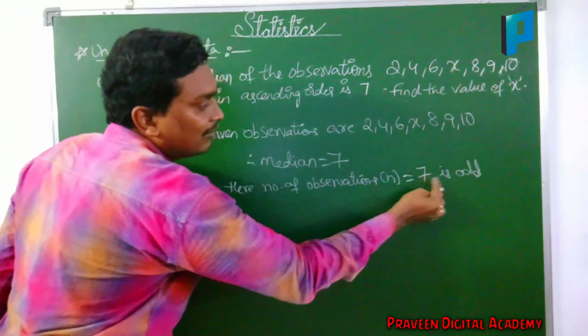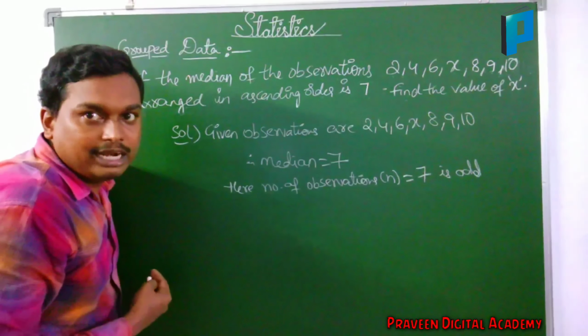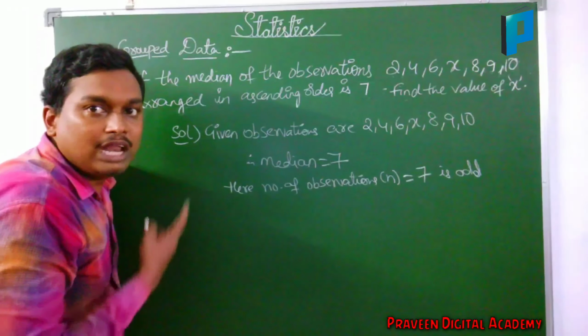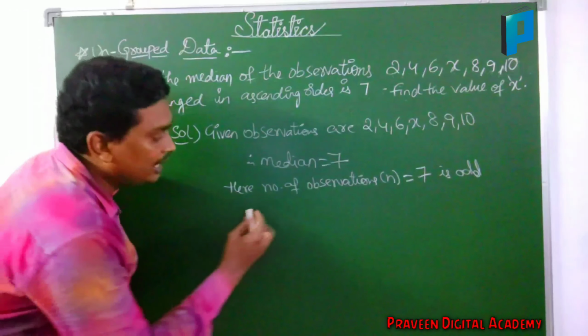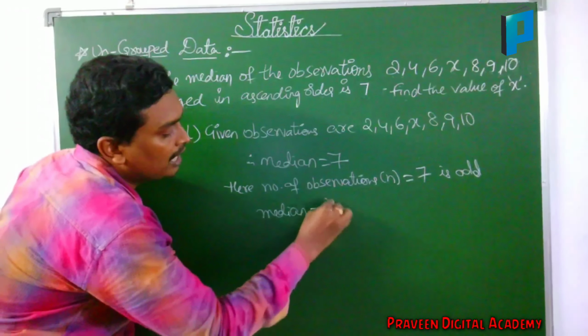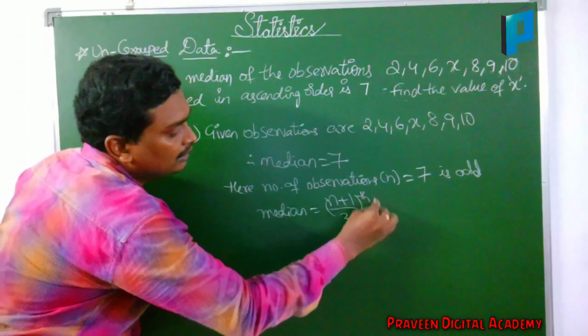Whenever you are having odd number of observations, we will have only one median, and the median formula is n plus 1 by 2th term.